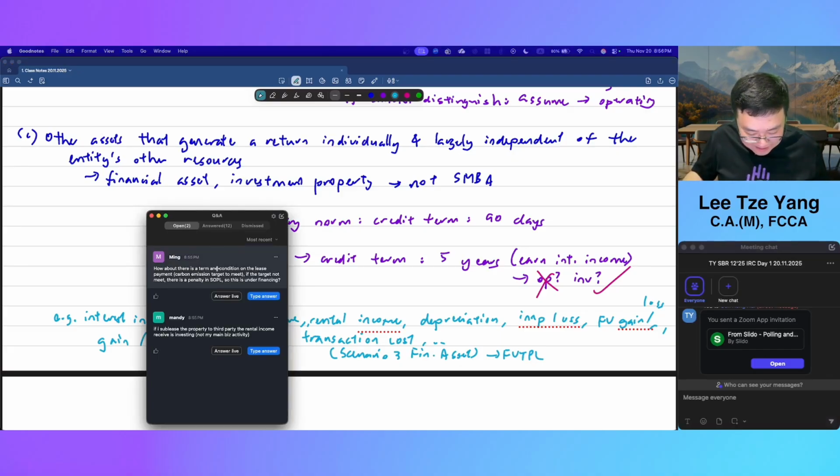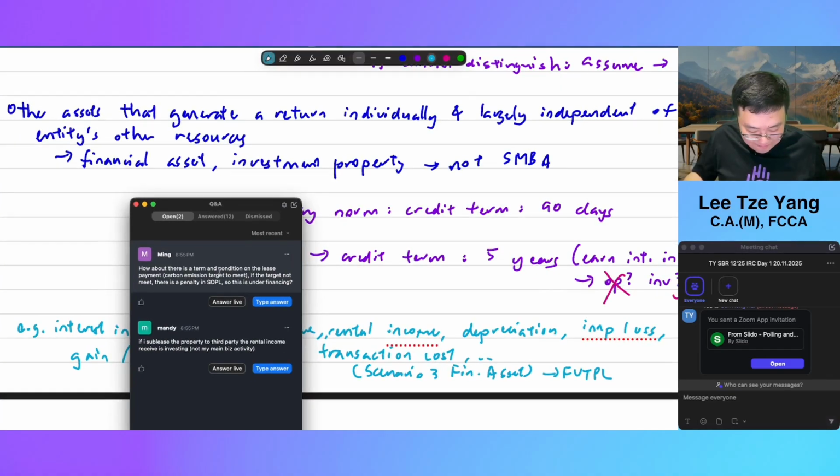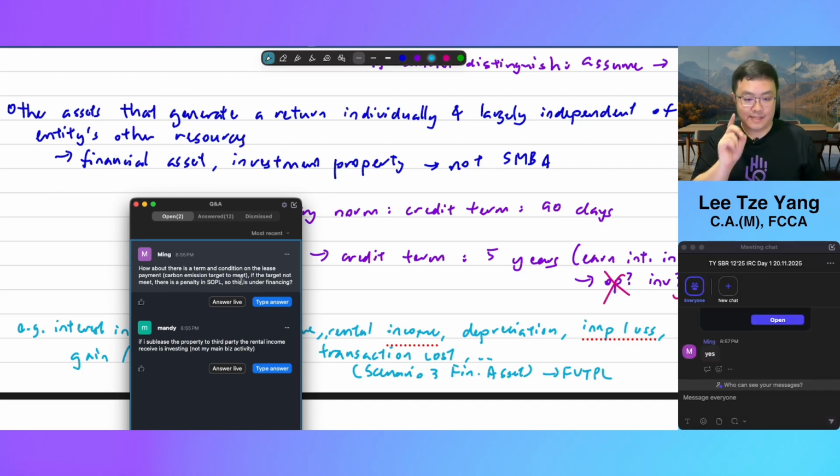How about if there's a term and condition of the lease payment, carbon emission target not met, penalty, is it under financing? Ming, I think you are referring to if you are the lessee, right? Confirm by answering yes in the group chat. Okay, lessee. Then I need to know what is the asset that they are leasing. If you are leasing something for your operation purpose, then operating.